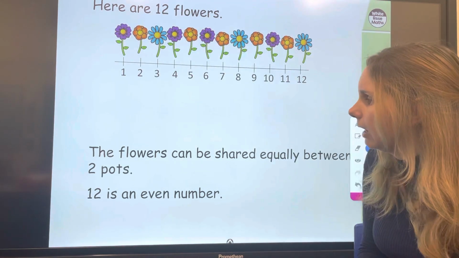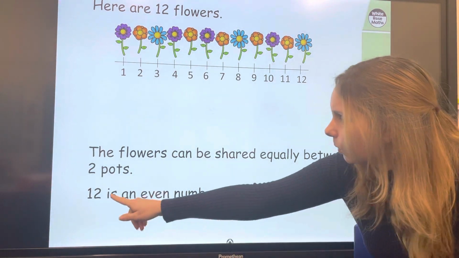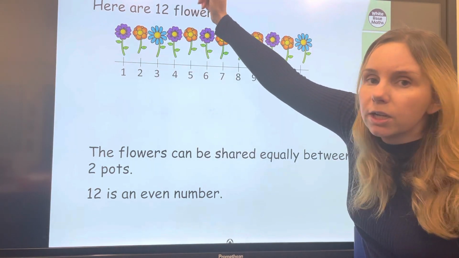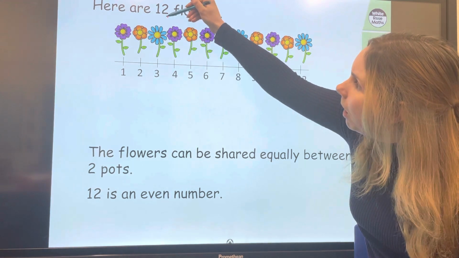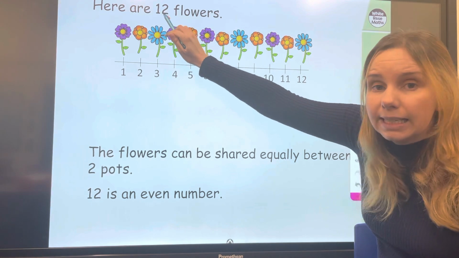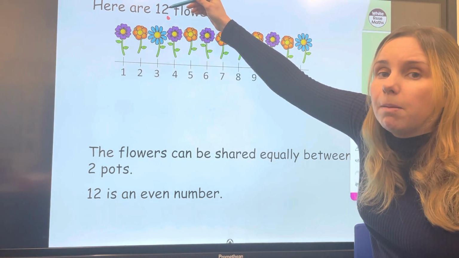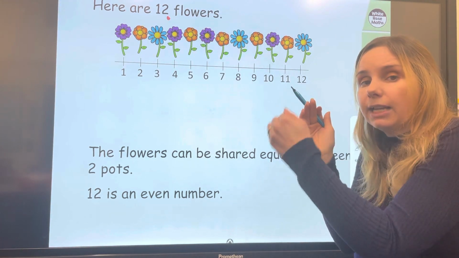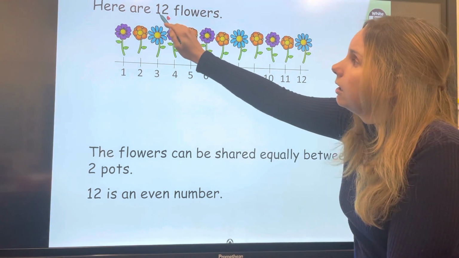There are 12 flowers. The flowers can be shared equally between 2 pots. 12 is an even number. We know it's an even number because we look at the digits. We look at the 10s, we look at the 1s, but we look at the 1s part to help us, because the number of 10s may be odd, but you need to remember a multiple of 10 is even. When we call Mr. Even, 10, 20, 40, 60, 80, 100, they are even.